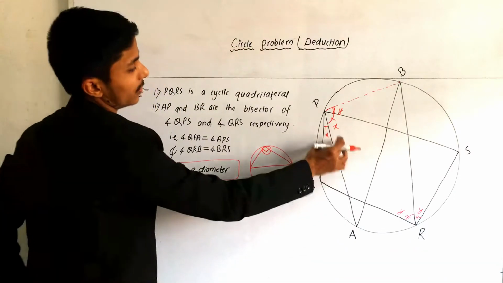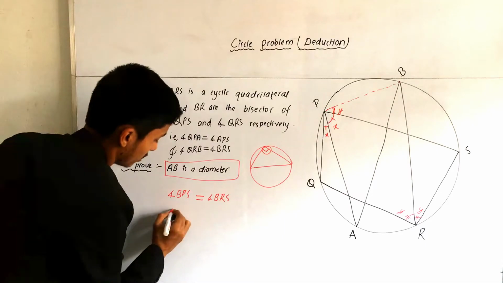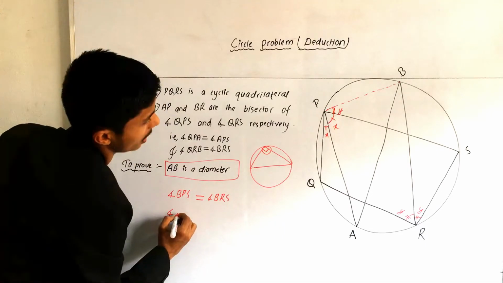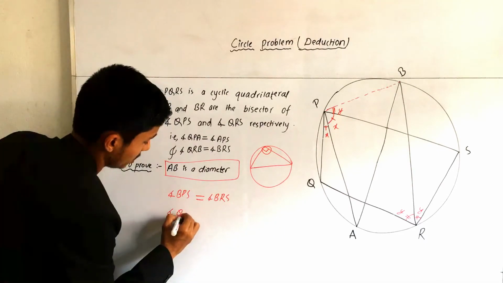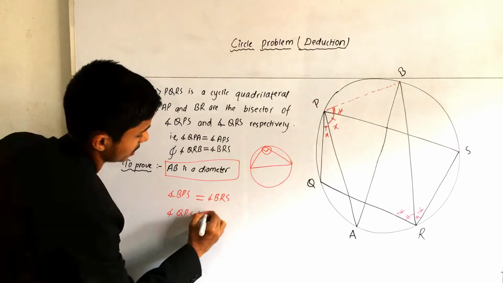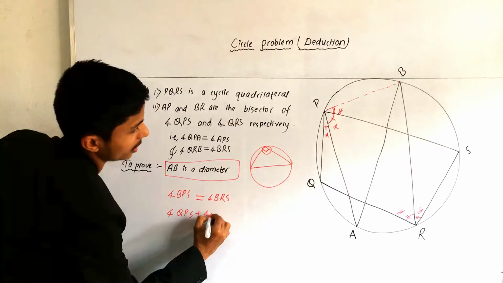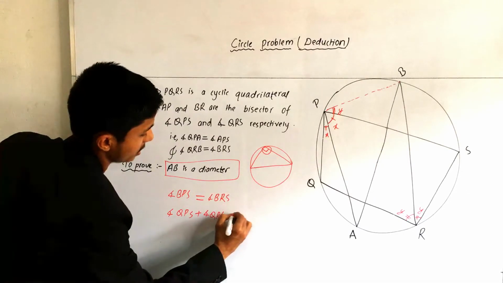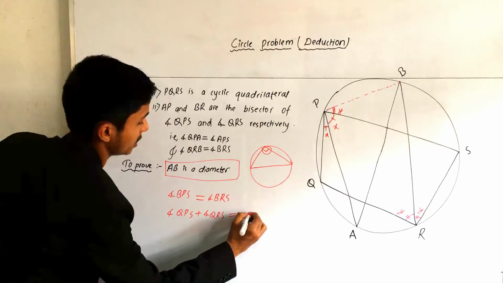So here we are going to prove angle QPS plus angle QRS is equal to 180 degrees.